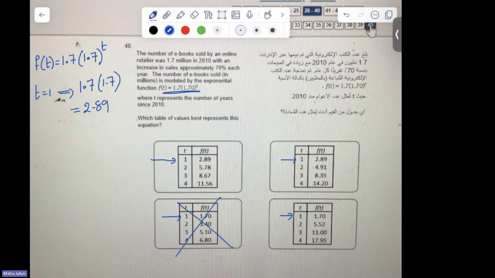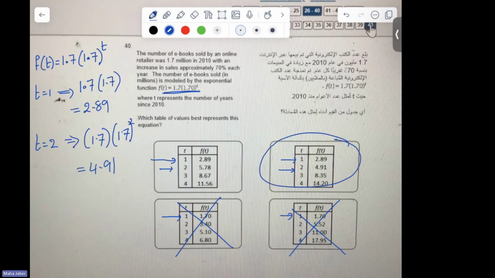Here, I will delete this one because they start with 1.7. It's not what I want. Now we say the second part. Let's test t equal to 2. If you do t equal to 2 by replacement, it will be like this, 4.91, indicating the answer is this part.